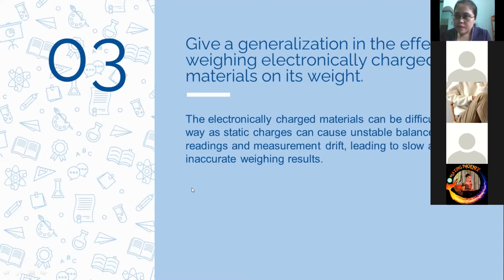As Jai mentioned earlier, electrostatic charges decrease the sample weight, which will result in error and inaccuracy in the weight that you get. Electrostatically charged materials can be difficult to weigh as the static charges can cause unstable balance and readings, measurement risk, leading to slow and inaccurate weighing results.